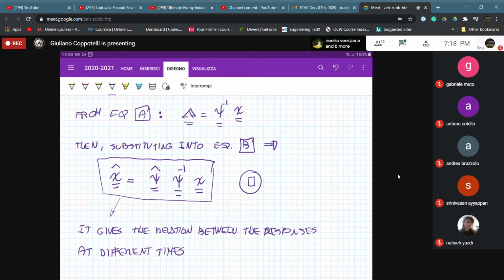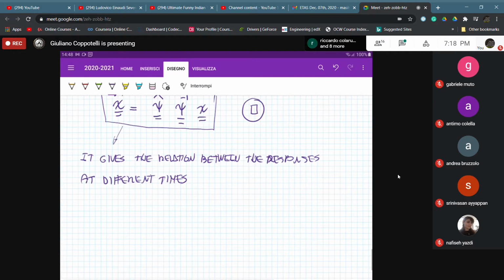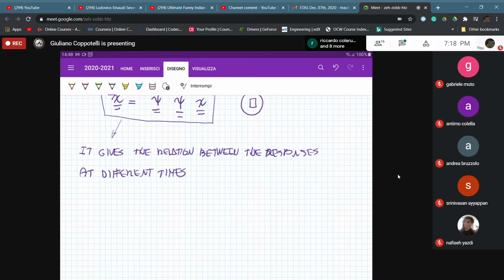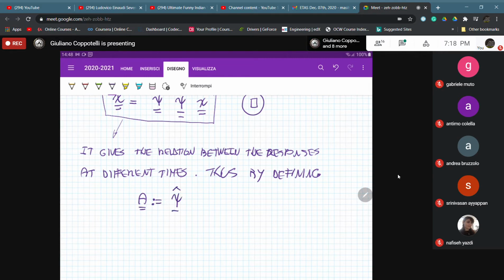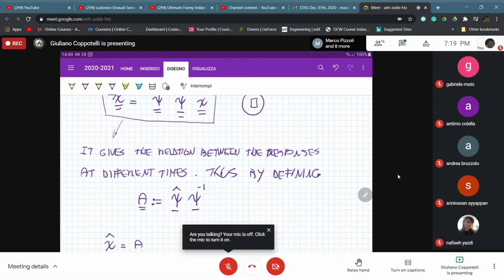And if you want, that equation could be rewritten in this way. Thus by defining your A matrix as your hat psi times your psi to the minus 1, we can have that your hat chi matrix is equal to your A matrix times your chi matrix.